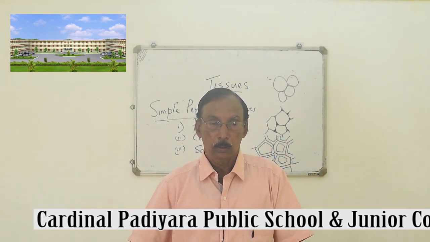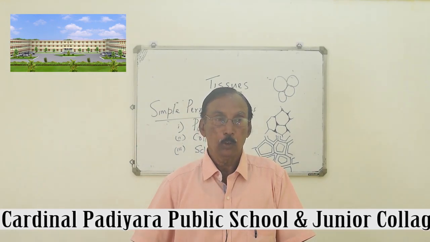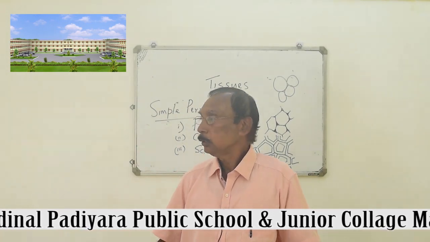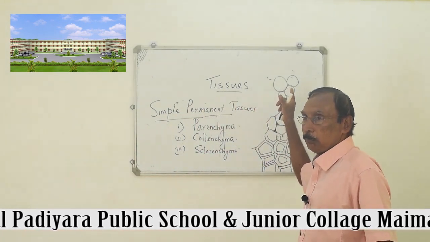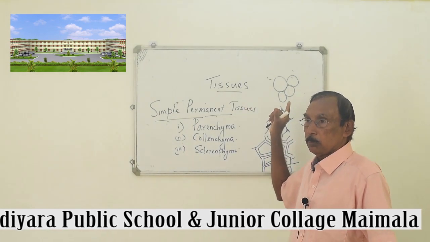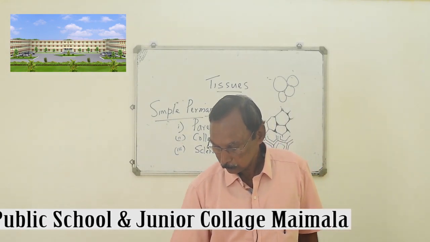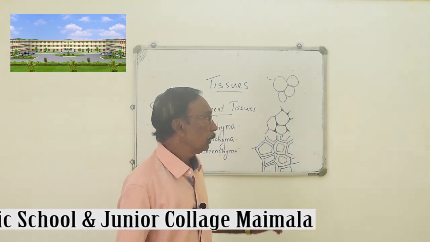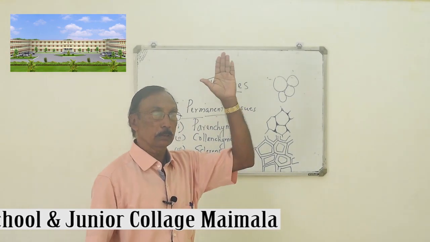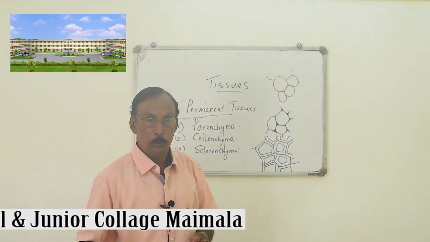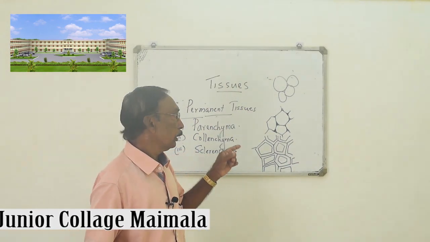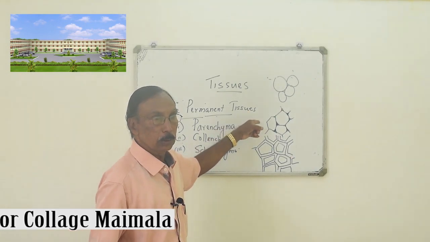Meristematic tissues are cells present in the growing part of the plant, and they are divided into three types: apical meristem, lateral meristem, and intercalary meristem. In your textbook there is a diagram showing the position. Apical meristem makes the plant grow up, and the root tip also has it. It increases the length of the plant.